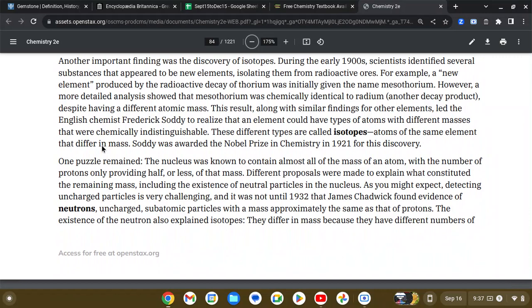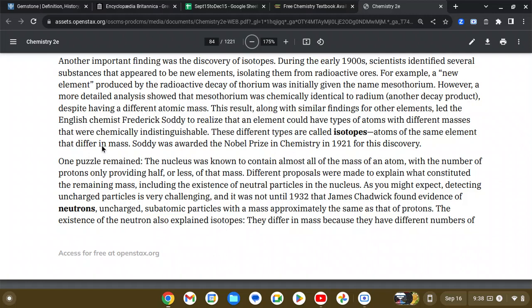However, a more detailed analysis showed that mesothorium was chemically identical to radium, another decay product, despite having a different atomic mass. This result, along with similar findings for other elements, led the English chemist Frederick Soddy to realize that an element could have types of atoms with different masses that were chemically indistinguishable. These different types are called isotopes, atoms of the same elements that differ in mass. Soddy was awarded the Nobel Prize in Chemistry in 1921 for this discovery.